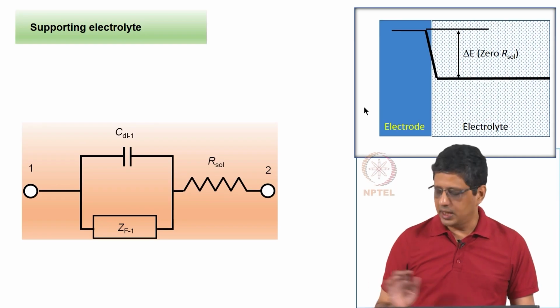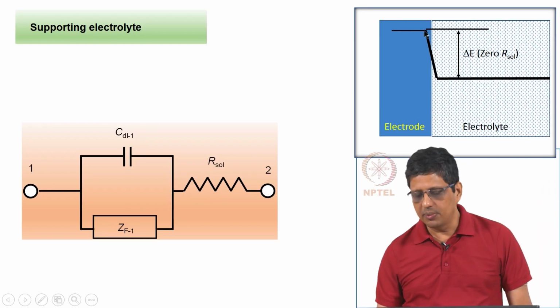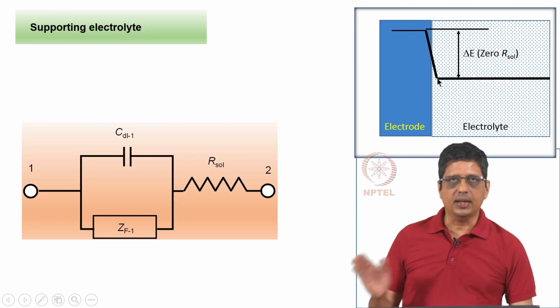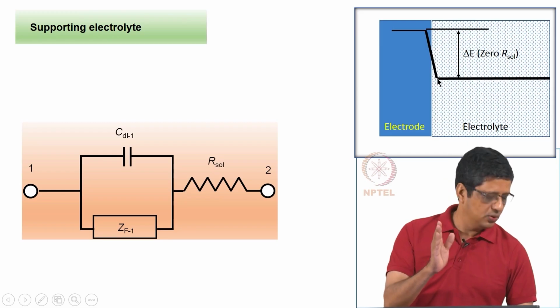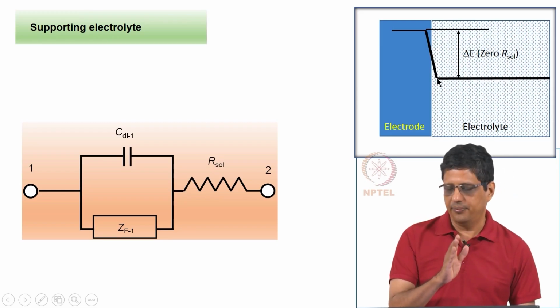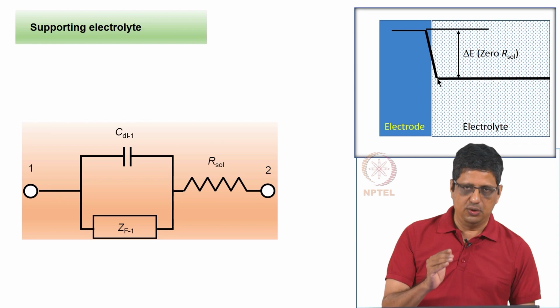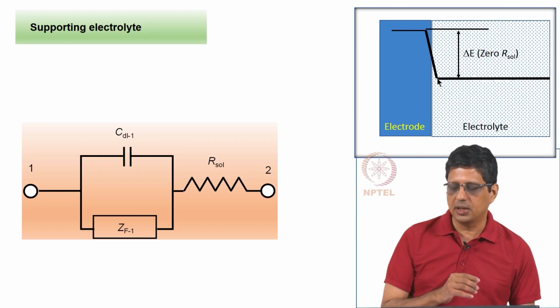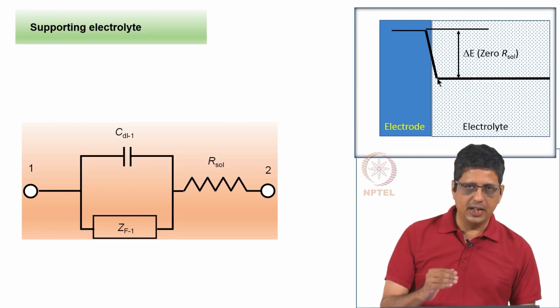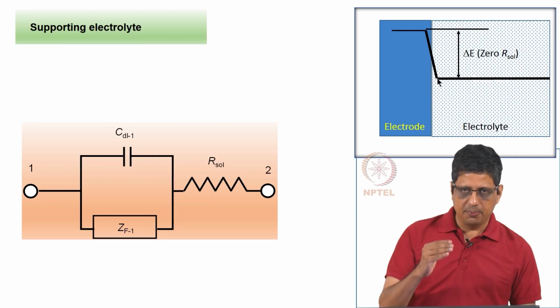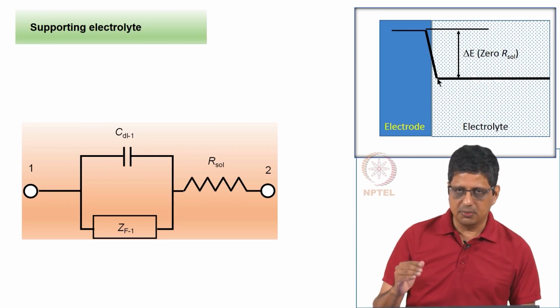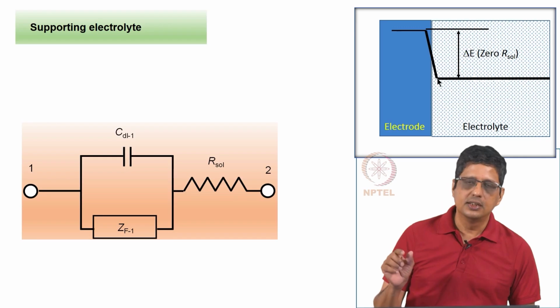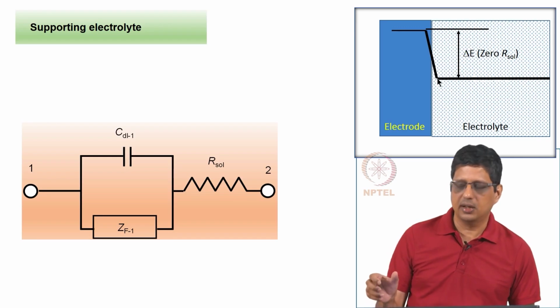If you look at the potential I have drawn here, it goes from a large voltage to a lower voltage in a very small space. This indicates about 1 nanometer or so across the Helmholtz plane. If the conductivity is low, if it is just water with a little bit of salt, meaning millimolar or micromolar, then when you study a reaction, current passes through this interface and also through the electrolyte, and a significant potential drop will occur across the electrolyte.